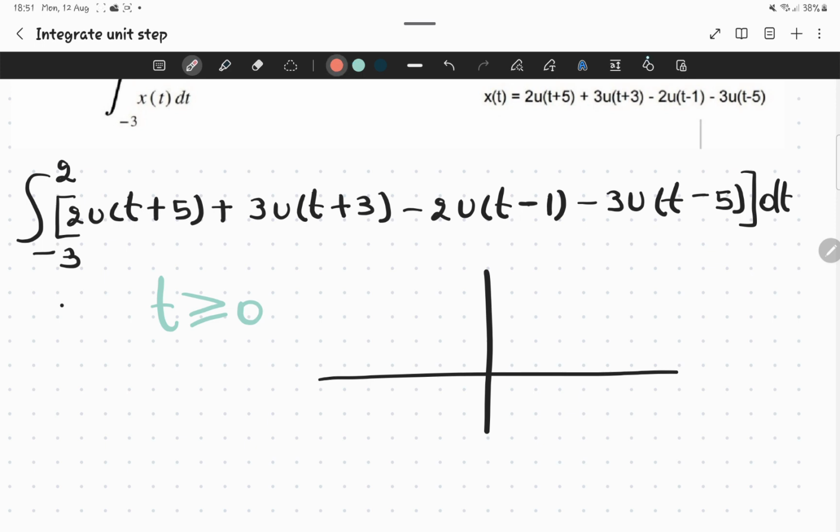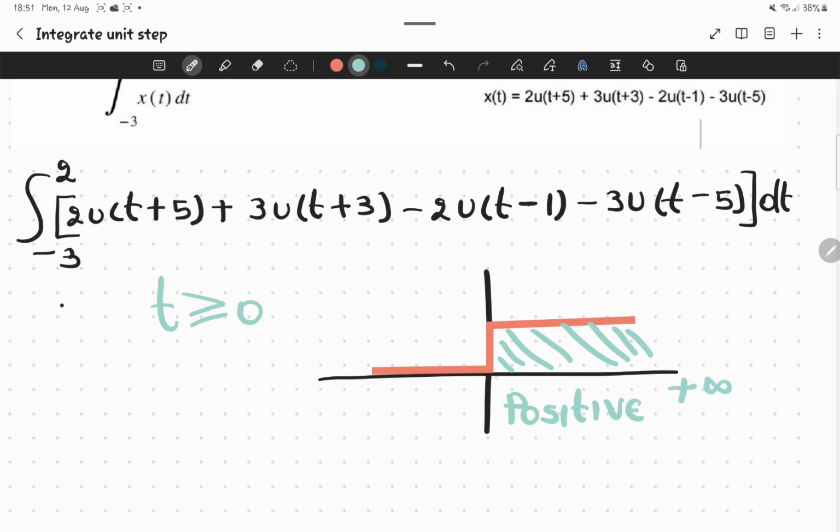We have something like this for the unit step. We only need the positive side. Positive is wanted, so you want positive infinity.